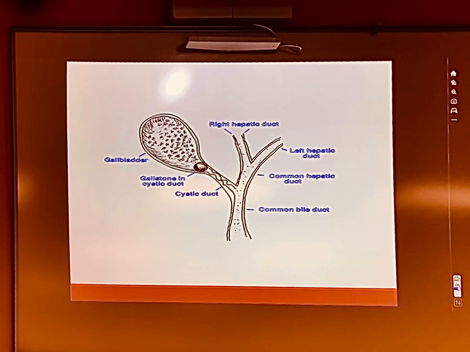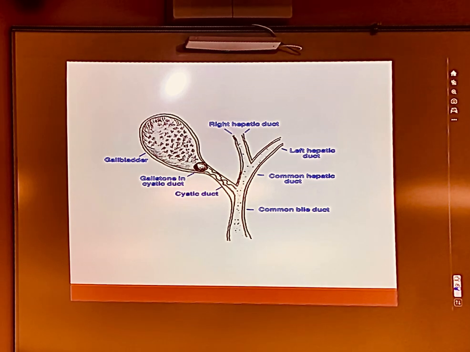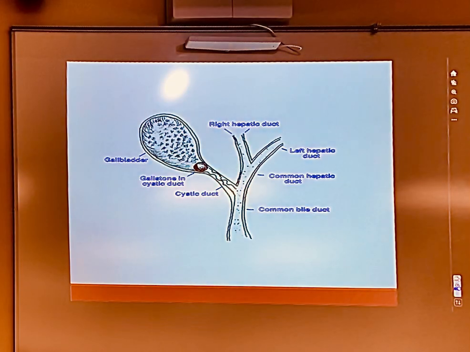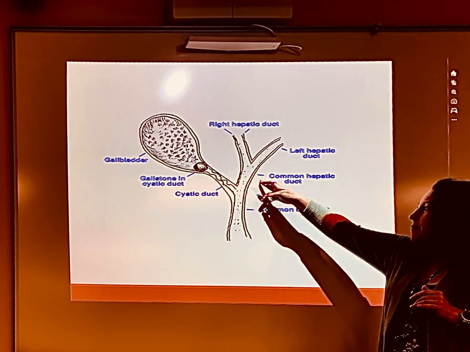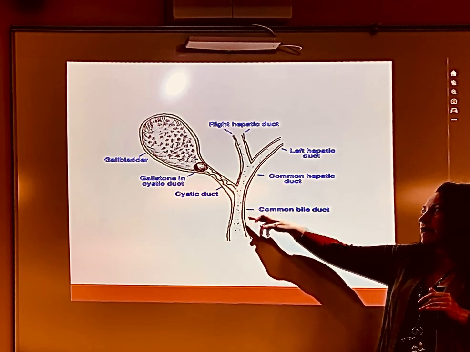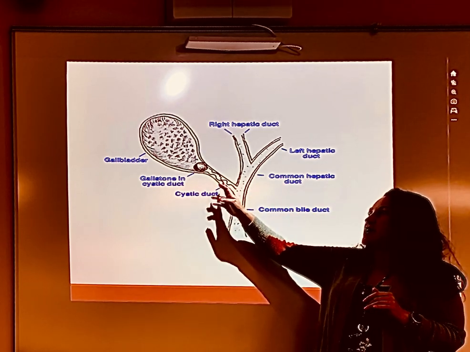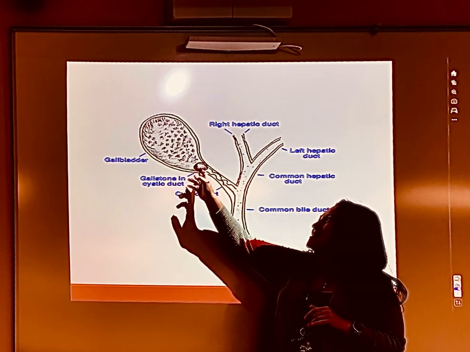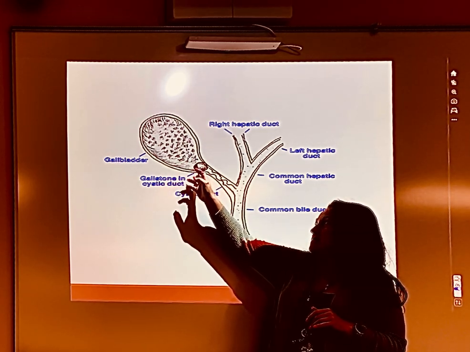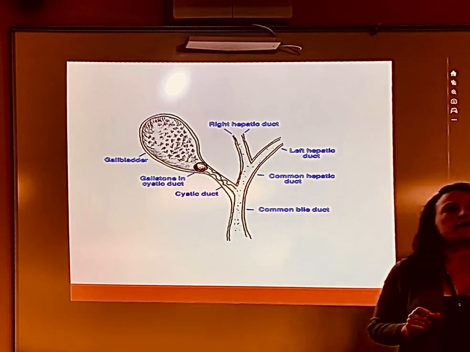So this was a good one, I kept this to show you the two different positions for the gallstone scenario, okay? So you've got your right and left hepatic ducts, your common hepatic duct, and then your CBD, which is your common bile duct here. Your cystic duct is here, and your gallbladder is here, right? If your gallstone is stuck in the cystic duct, what are you going to see on your HIDA?